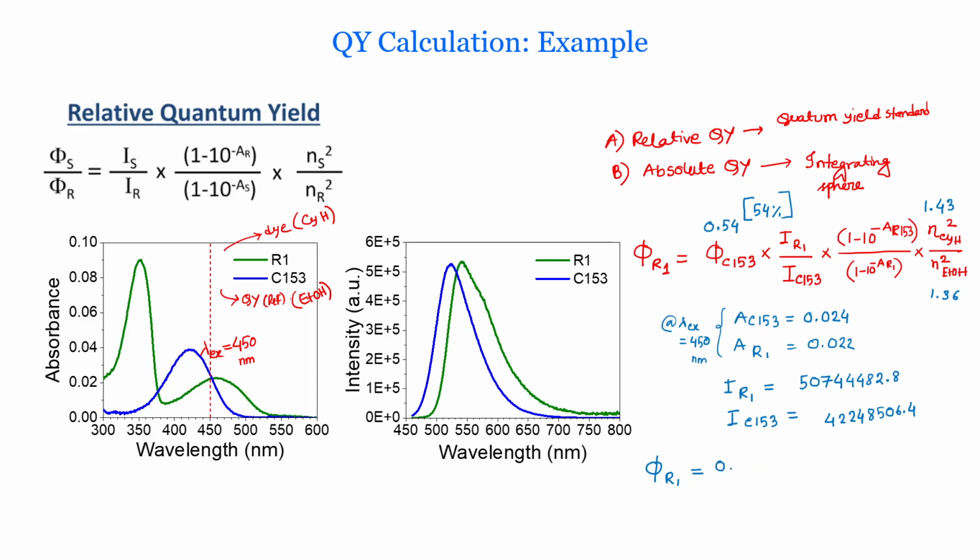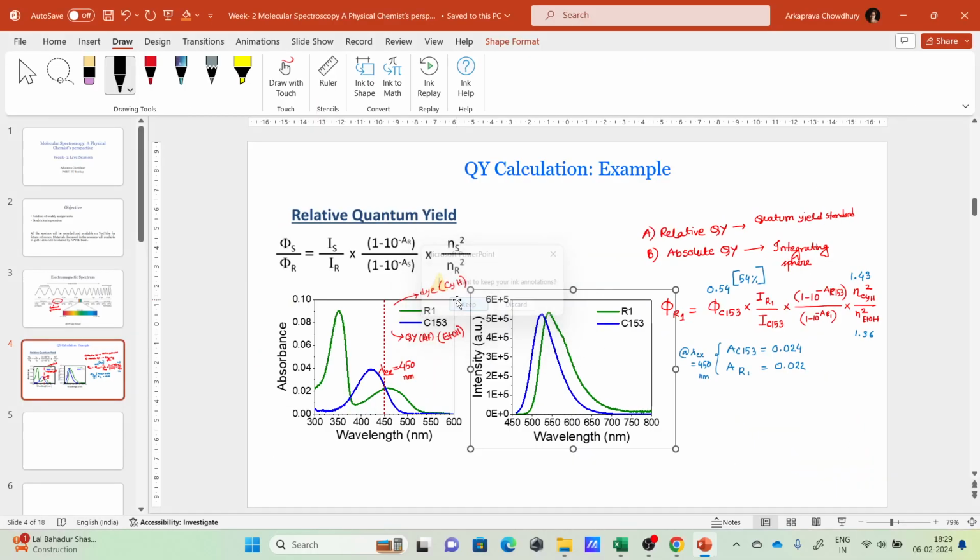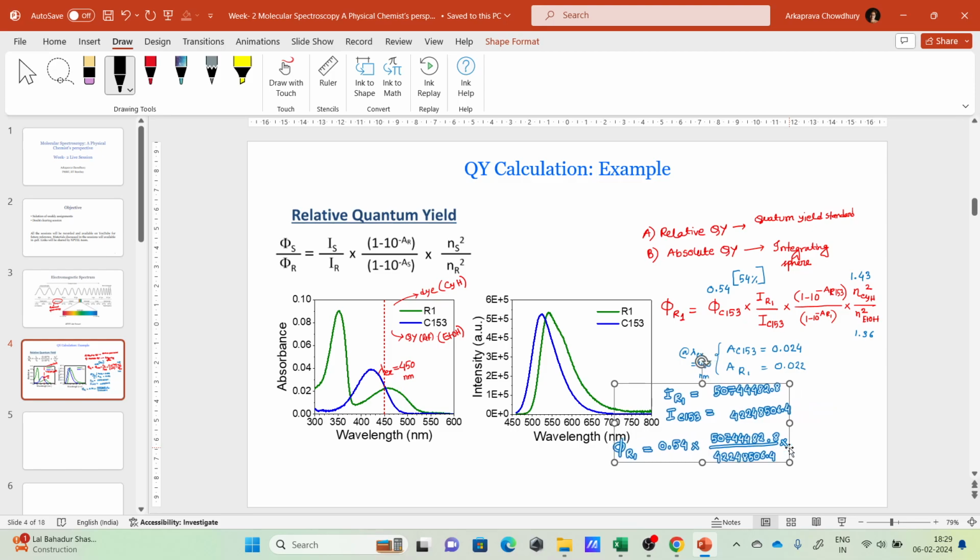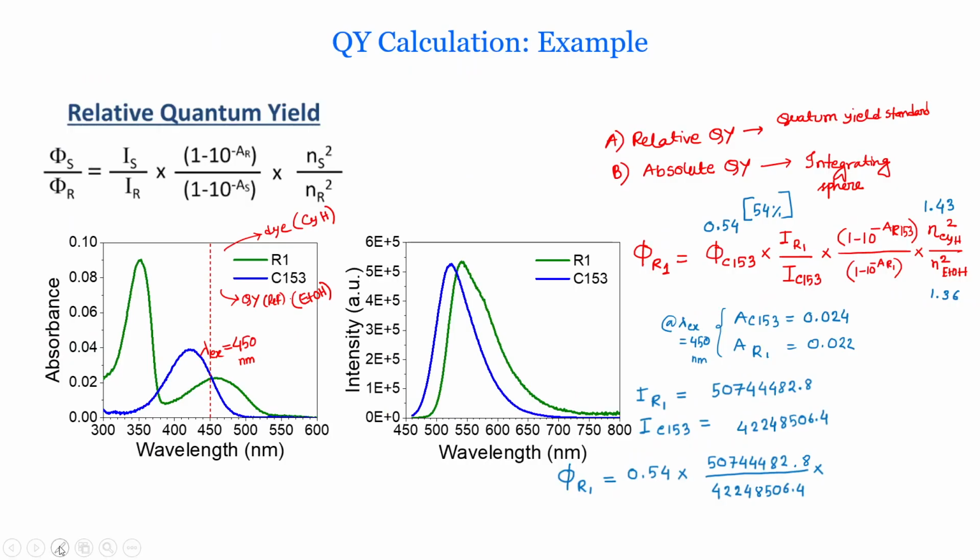0.54 into 50744482.8 divided by 42248506.4 into, I'll again need to shift this a bit, and this is 1 minus 10 to the power minus the absorbance value for C153.